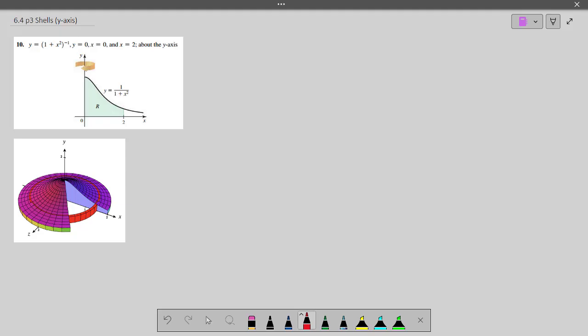So, great question. Here is our random element at x. We're told that we want to rotate around the y-axis. And if we're rotating around the y-axis, you could try to use horizontal elements and create washers. It's going to be a pain in the neck, though, because there's not a uniform right-hand curve.